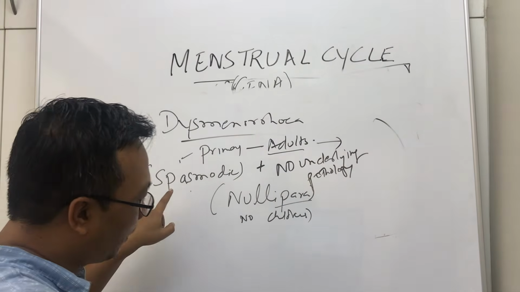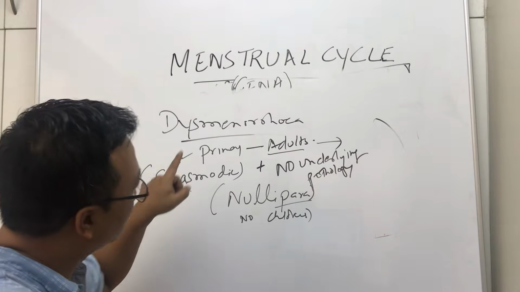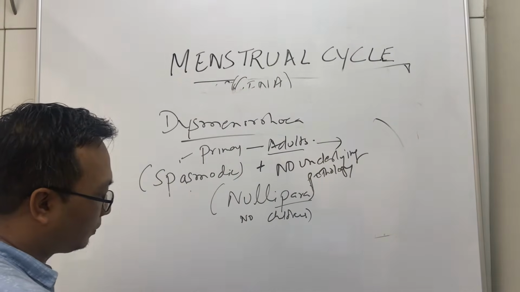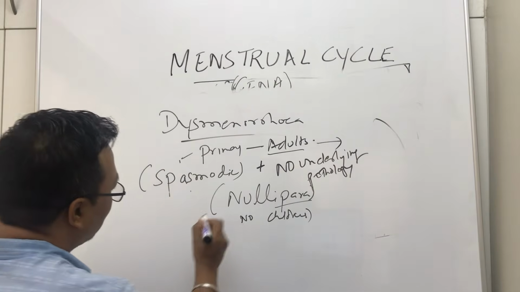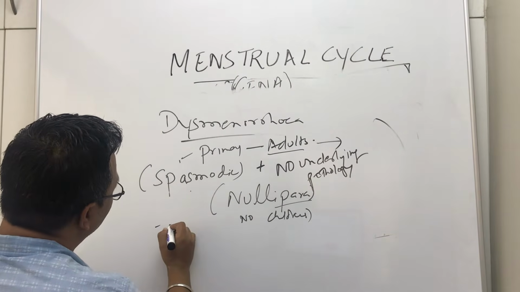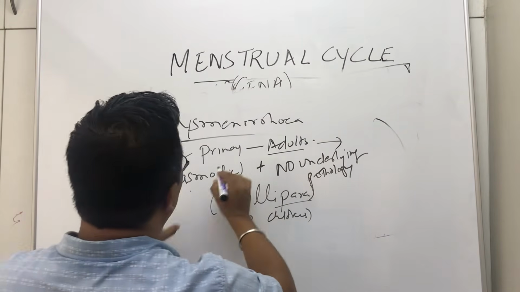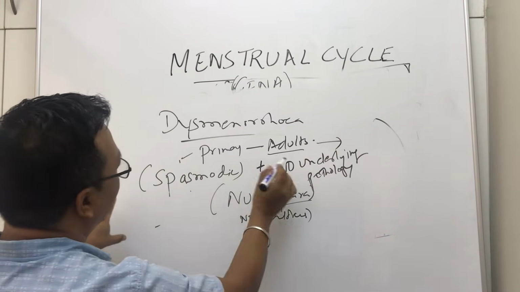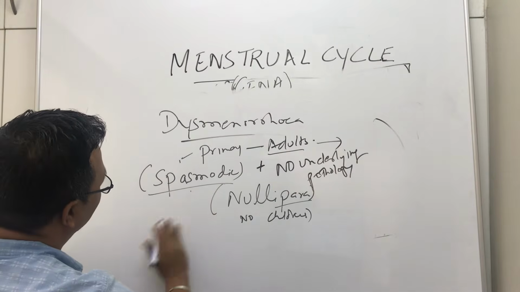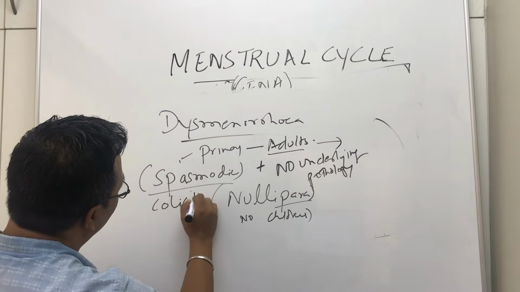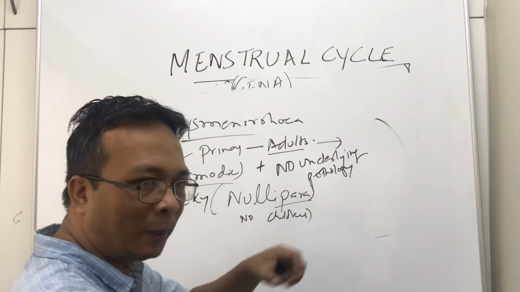This spasmodic pain basically starts at the time of menstruation or just before menstruation and lasts throughout. What I'm trying to say is, primary dysmenorrhea has spasmodic pain. It's also called colicky pain, like the colon, when there is pain in the large intestine.